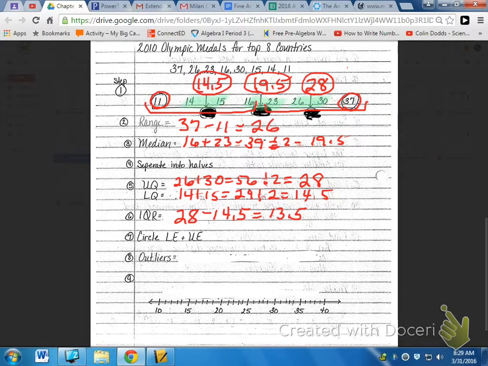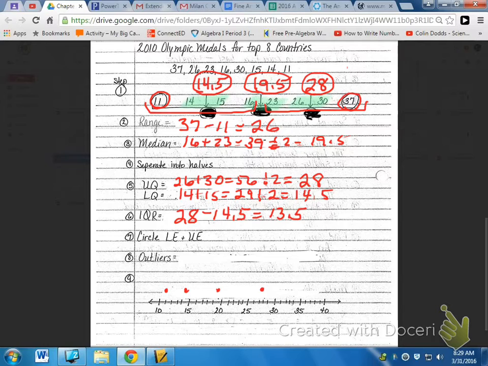I'd go through in my numbers, if I were you, and circle those 5 things, because now we would put them on the graph. Notice my number line at the bottom goes from 10 to 40 because I definitely need 11 to 37. I'm going to dot those numbers. So above 11, 14.5, 19.5, 28, and 37.